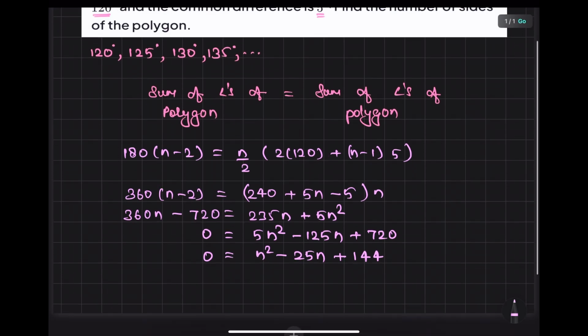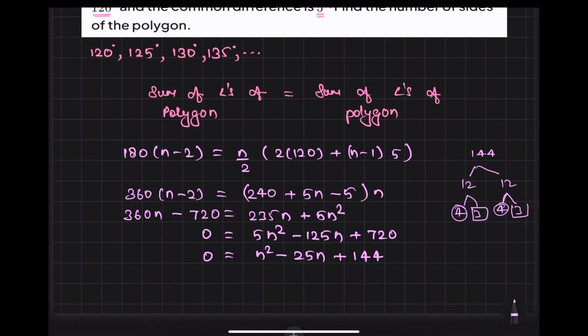Okay, now you have to simplify things. So look at how we will break this 144. Suppose that 144 is divided into 12 into 12, then 4 into 3, 4 into 3. We have to reach 25. So 4 fours are 16, 16 and 9 will become 25. So this is correct.